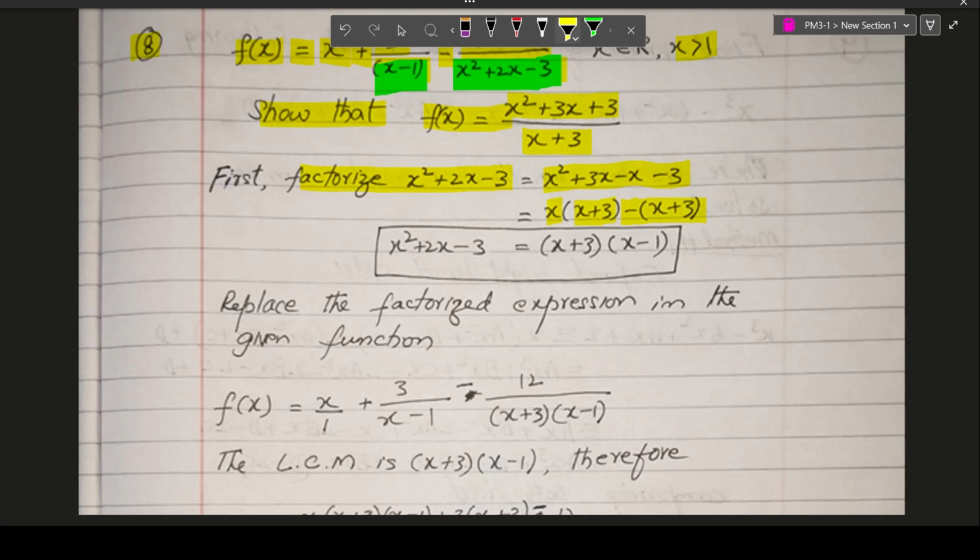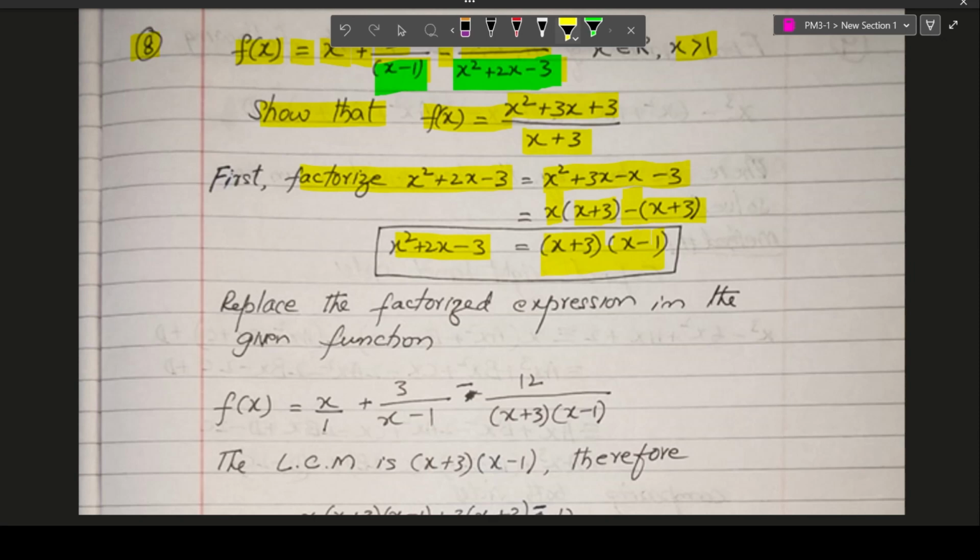In 2 terms, x + 3 is common, leaving behind x and minus 1. Since the whole x + 3 has been taken out, we will have 1 behind. So the factors of x² + 2x - 3 are (x + 3)(x - 1).